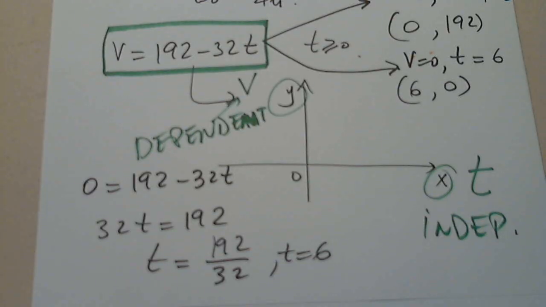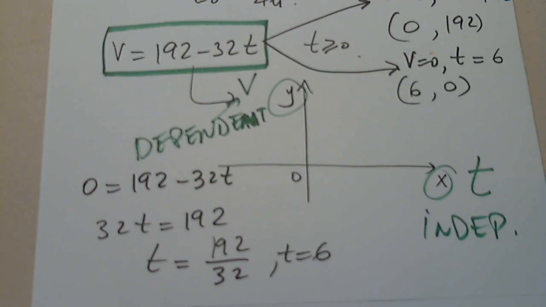Now, what else do they want here? Interpret each intercept. Good. The t-intercept indicates that the rocket had a velocity of 6 feet per second. Are there options or do they just want us to fill it in? They want us to fill it in. Okay.